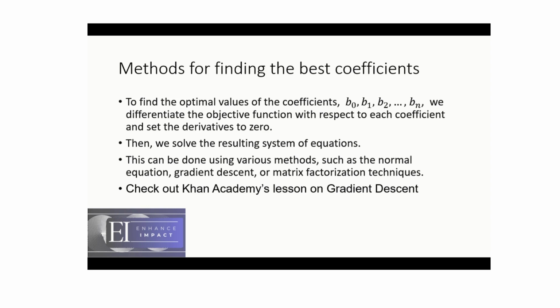This can be done using various methods such as the normal equation, gradient descent, or matrix factorization techniques. I would encourage you to check out Khan Academy's lesson on gradient descent. I think I'll create a video in the future also on gradient descent, and we can talk about that some more then.